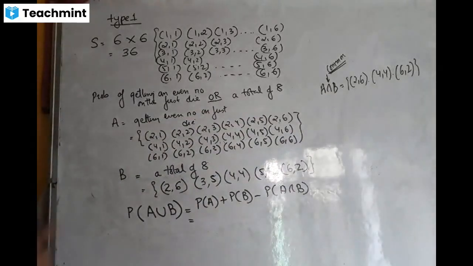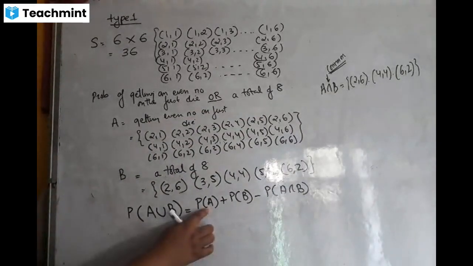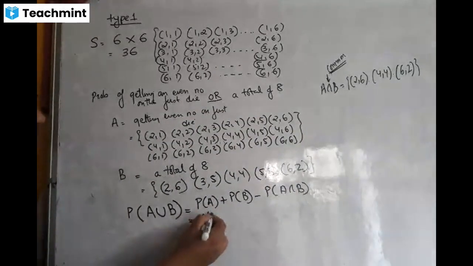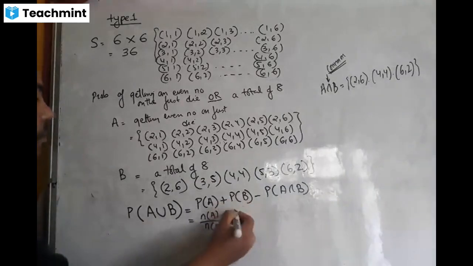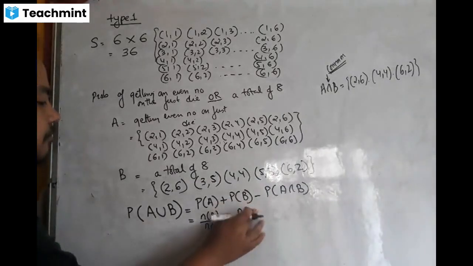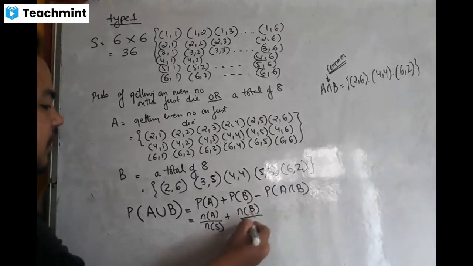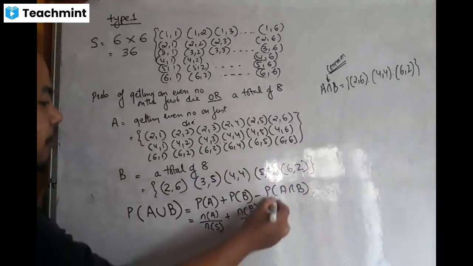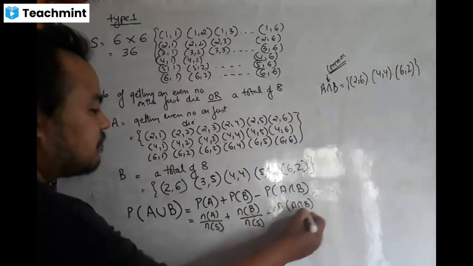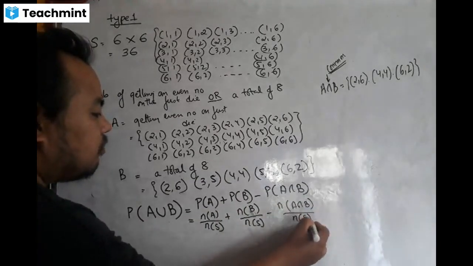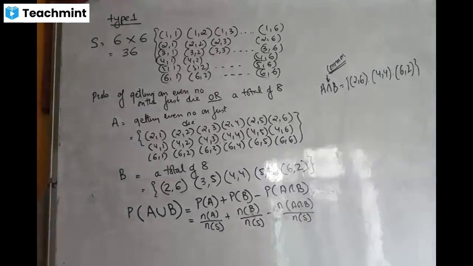I already taught you how to find it: the elements favorable to A divided by the total, plus probability of B, elements favorable to B divided by total, minus probability of A intersection B, elements favorable to A intersection B divided by N of S.